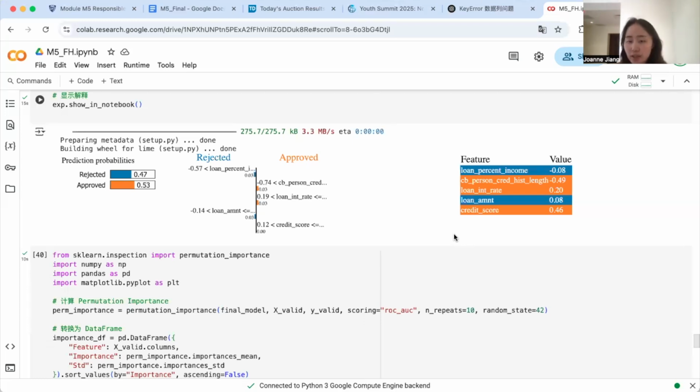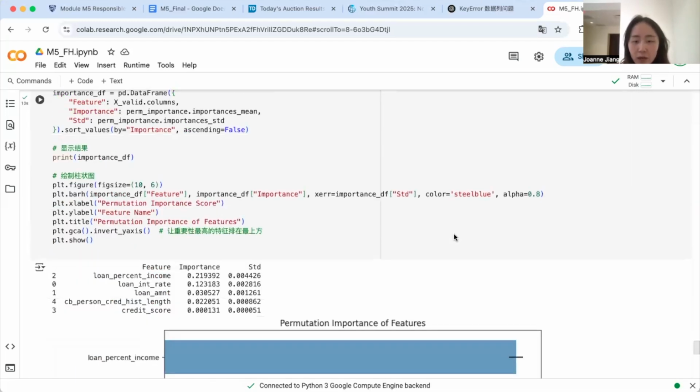In contrast, interest rate, which is 0.2, increased the rejection likelihood, while loan amount, which is 0.08, and the credit score, 0.46, had a slight positive impact.